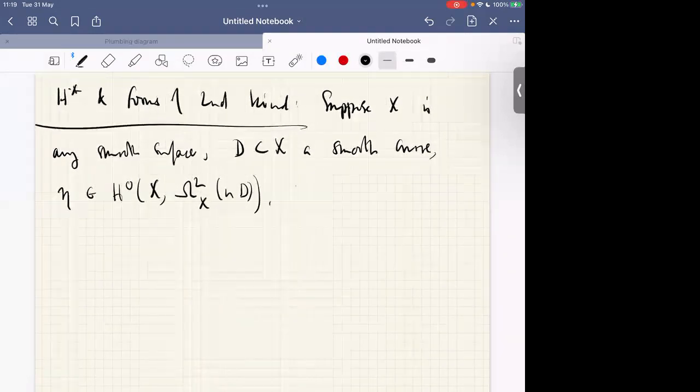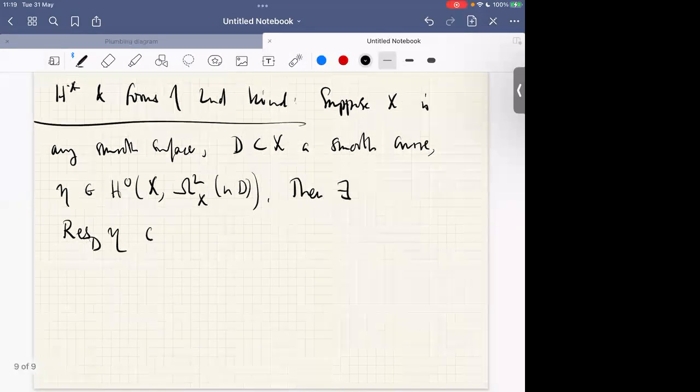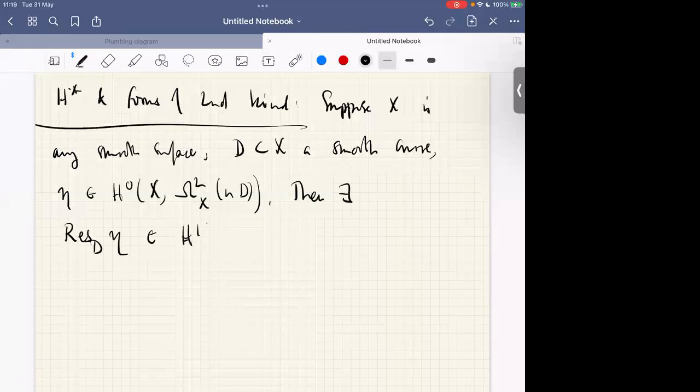Then there is a residue, which is a class in H1 of the curve with coefficients in the complex numbers, and it's defined as follows.